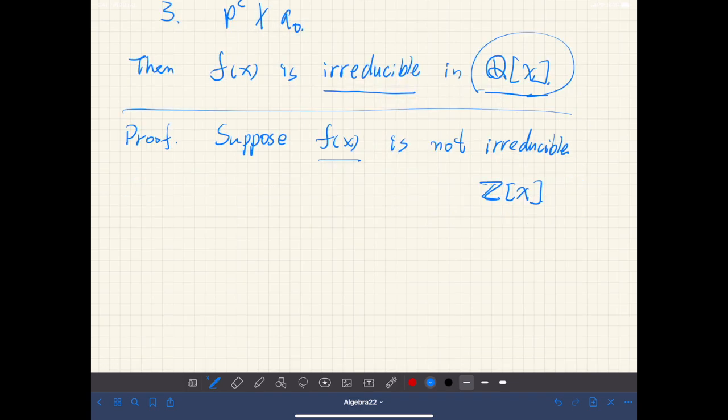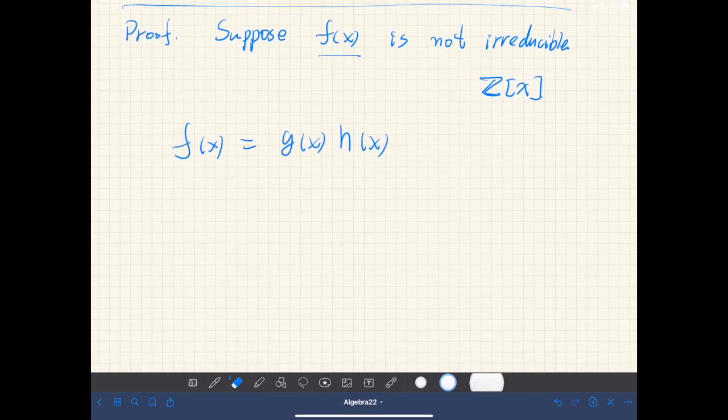So let's write f of x as the product of g of x times h of x, where g of x and h of x are polynomials with integer coefficients.